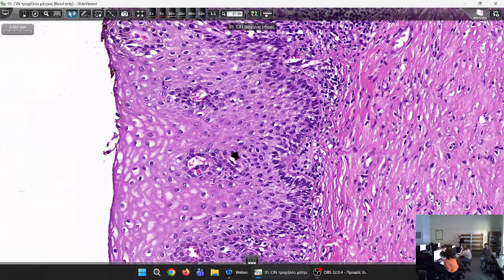And if this is related with some shrinkage of the nuclei, then we might diagnose low-grade SIL.